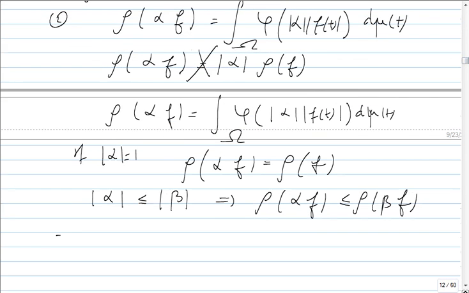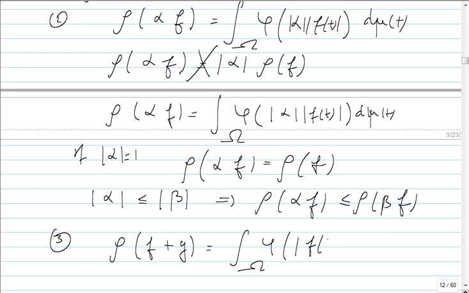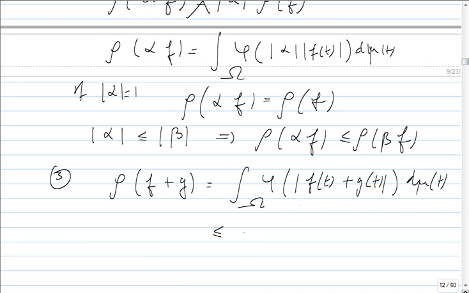What else? This is 2. So we don't have 3. What happened to rho of f plus g? This is the integral over omega of phi of absolute value of f of t plus g of t, d mu of t. Okay, fine. So now this will be less than phi of absolute value of f of t plus absolute value of g of t, d mu of t.